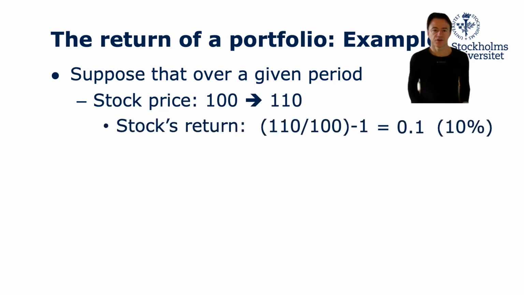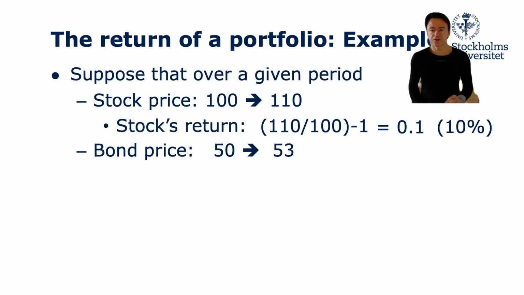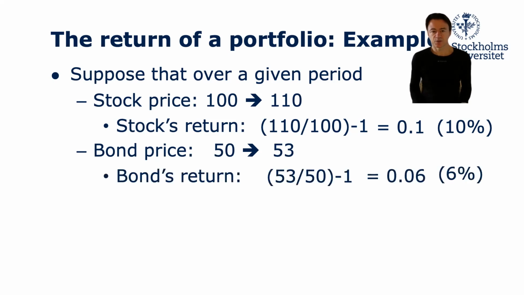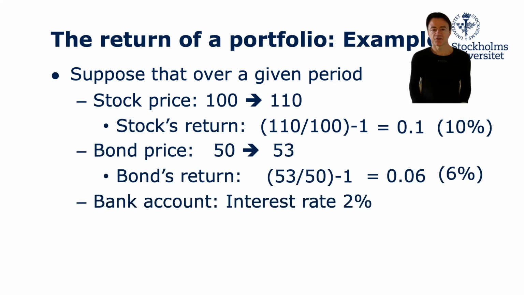Then the return of the stock is thus computed like this, and it is equal to 10%. Now, the bond price increases from 50 to 53. And again, assume now that the bond is a zero coupon bond to make things simple. Its return over the year is thus equal to 6%. Finally, suppose that the interest rate is 2%.